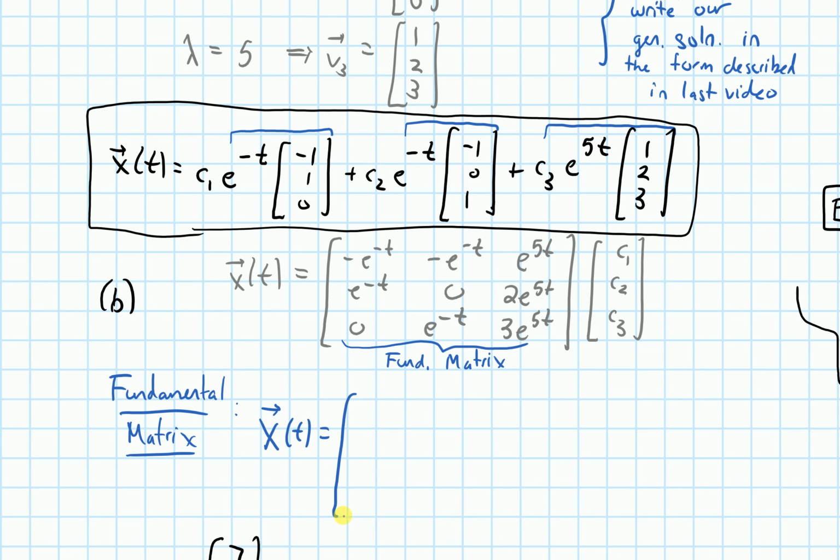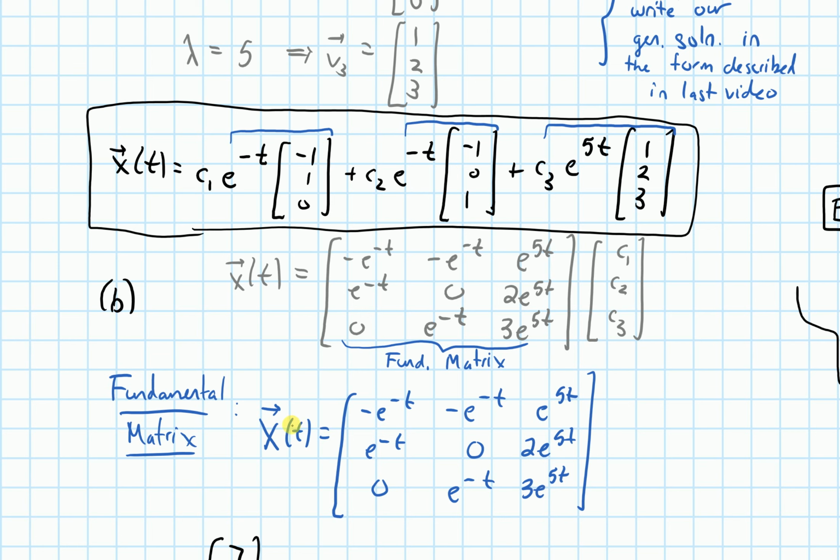And now let's just copy down what it was. It was negative e to the negative t, e to the negative t, 0, and then negative e to the negative t, 0, e to the negative t. Last column was e to the 5t, 2e to the 5t, and 3e to the 5t. So that was our fundamental matrix.